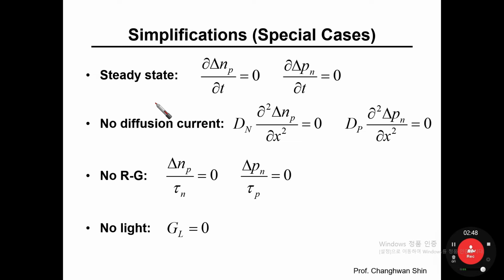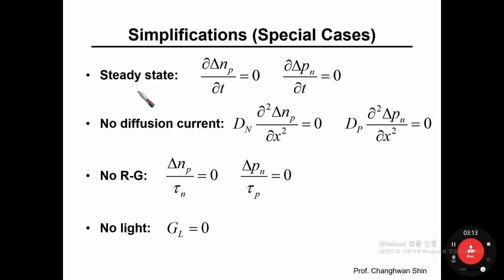In other words, the p-type and n-type materials are uniformly doped, which is possible with cutting-edge fabrication technology. And what else? Low level injection, LLI, is still dominant. In this slide, let's take care of a few more simplifications.